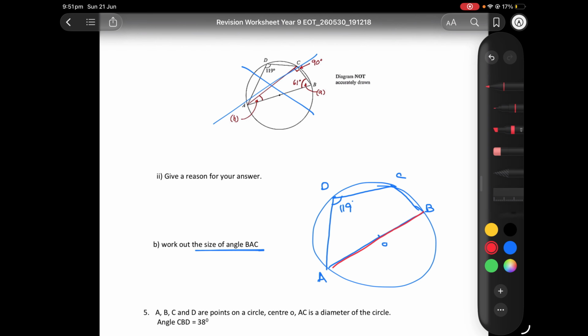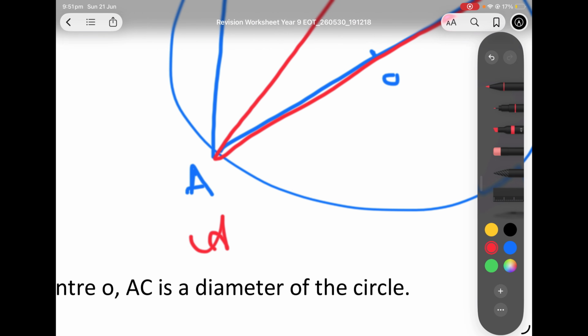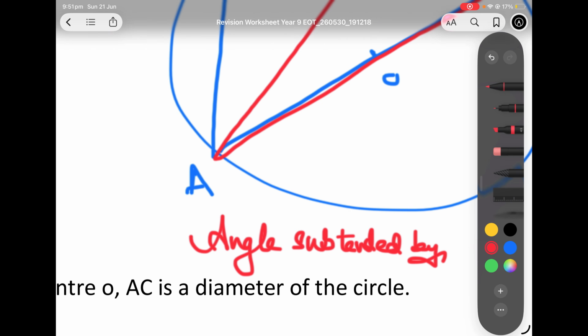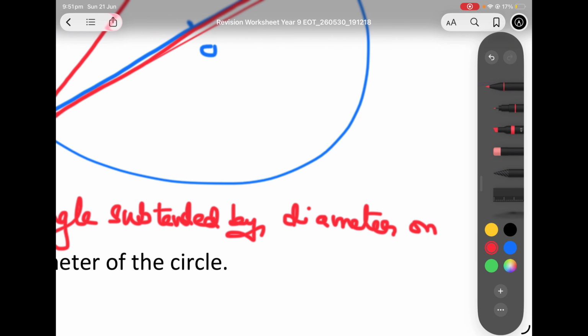So how do you find BAC? If you look at it, it looks like a triangle. There is a circle theorem. The circle theorem is: the angle subtended by the diameter on the circumference is equal to 90 degrees.